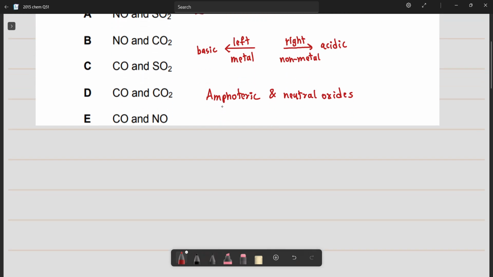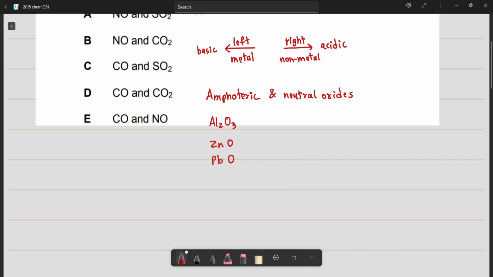Okay, so for amphoteric oxides, there are a few main elements that are very important that you must memorize for the IMAT exam. The three main ones we must know for amphoteric oxide are aluminium oxide, zinc oxide, and lead oxide. These are the three main elements you must remember for the IMAT exam: aluminium, zinc, and lead.